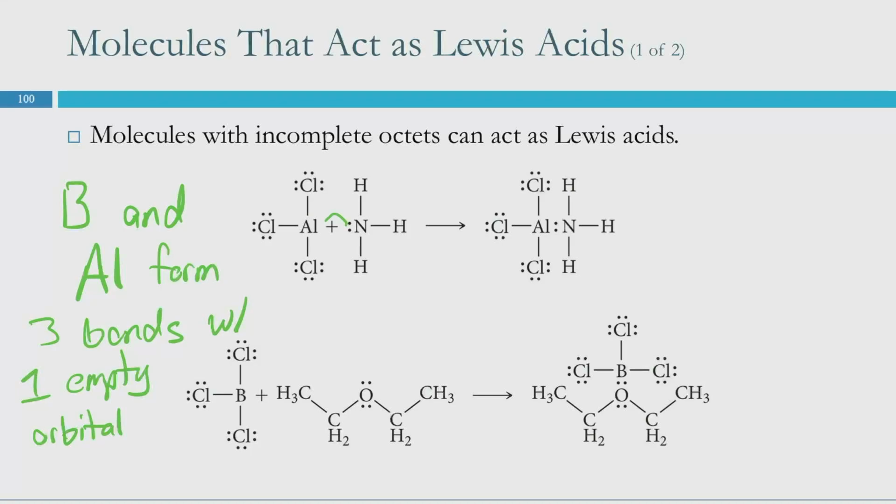They can act as Lewis acids and accept an electron pair from something that has extra electrons. So boron and aluminum are 2 main group elements that you should identify as things that can act as Lewis acids.